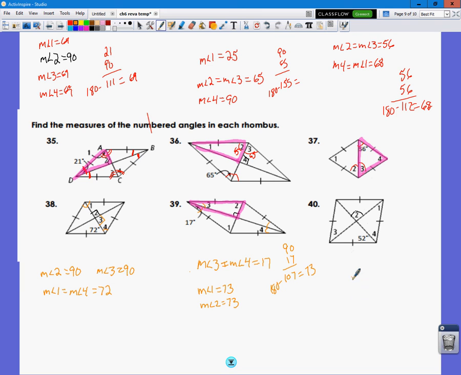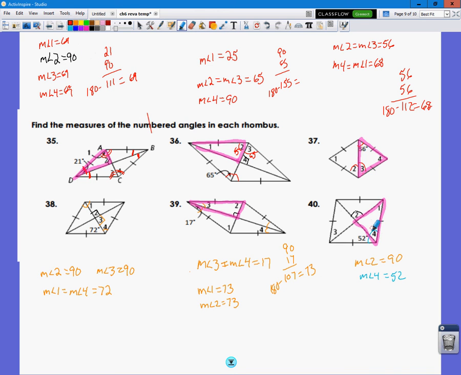Angle 2 in number 40 is 90 degrees. I do know that the diagonals bisect opposite angles, so the measure of angle 4 is 52. And again, I can go to any triangle then and take a look to see how I'm going to find angle 1 and angle 3.